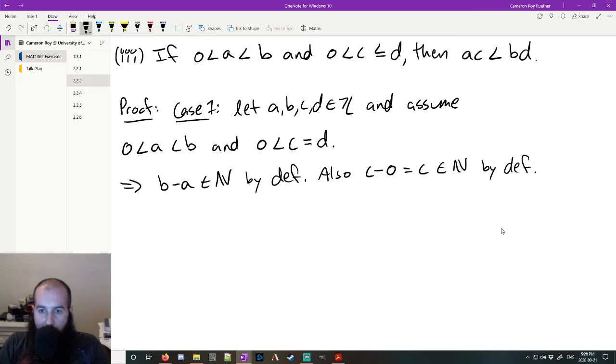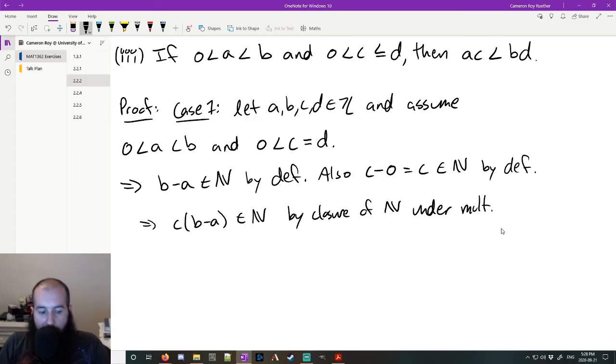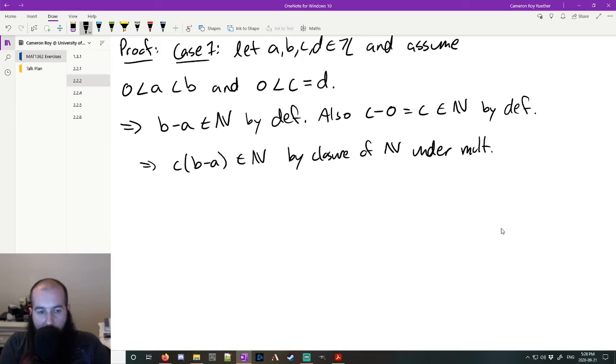So now we can multiply these two. This means that c times b minus a is natural by closure of the natural numbers under multiplication. And so we can distribute. This means that cb minus ca is natural.